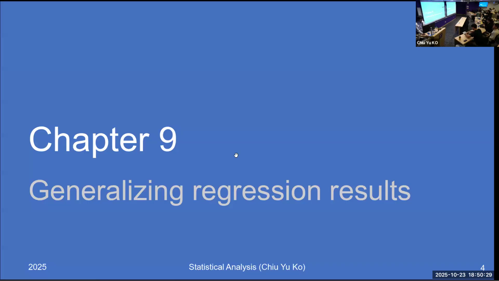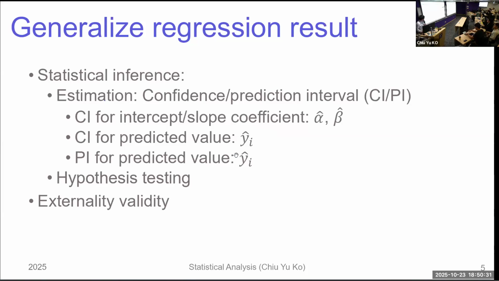So very quickly, just review what we are doing. We are looking at chapter 9, and in the previous chapter we talked about regression. Do note that in regression, everything you get is the result of a random process, because you are collecting data, and the data is selected from the population.